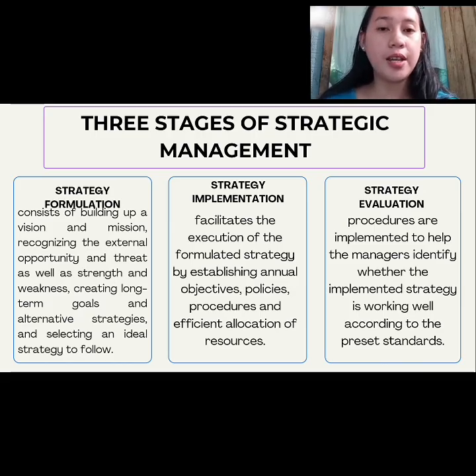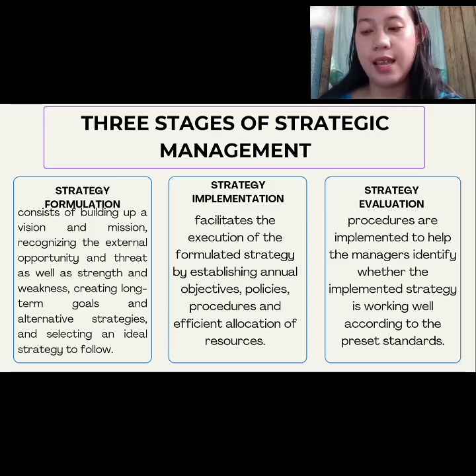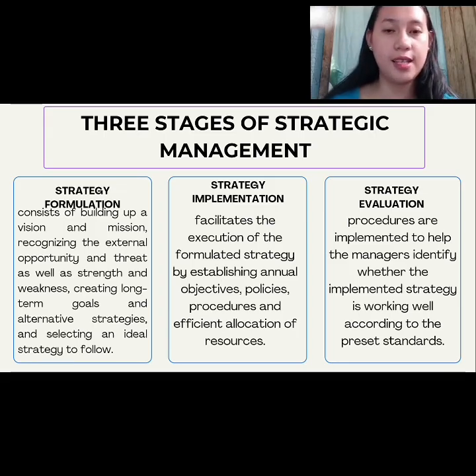So, strategy implementation involves establishing annual objectives, setting specific, measurable targets, and then developing policies and procedures, guiding decision-making and actions, and then allocating resources efficiently, assigning people, funds, and assets to support strategy execution.